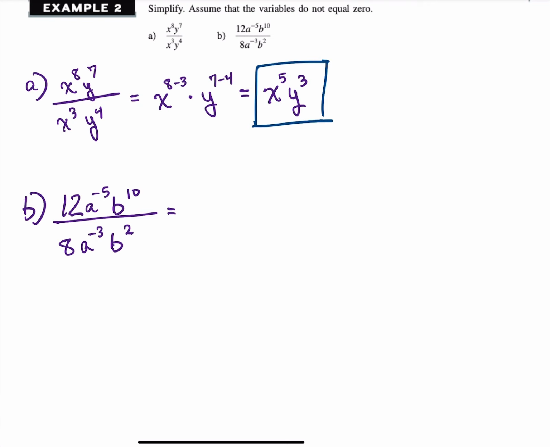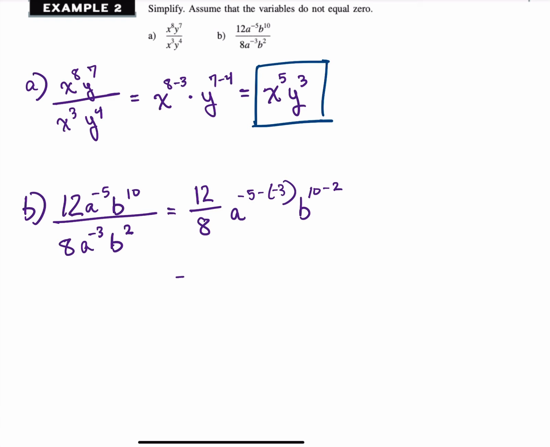And everything's multiplied, so this 12 over 8 I would separate out in front, and we can reduce that in a second. And then we have a to the power of negative 5 minus negative 3. Just got to be careful with this double negative. And then times b to the 10 minus 2 power. That one's a little bit nicer.